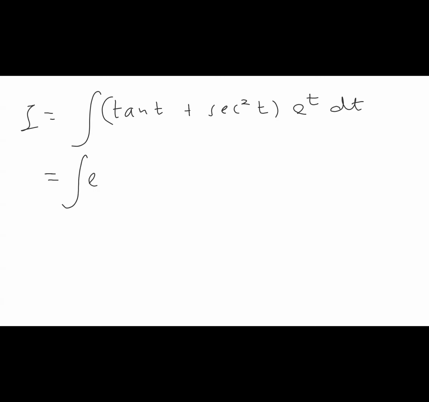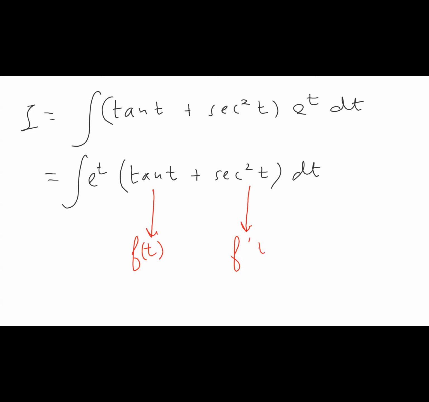So this can be written further as the integral of e raised to t into tan t plus sec square t, and dx is e raised to t dt. So this is f of t and this is f dash t.